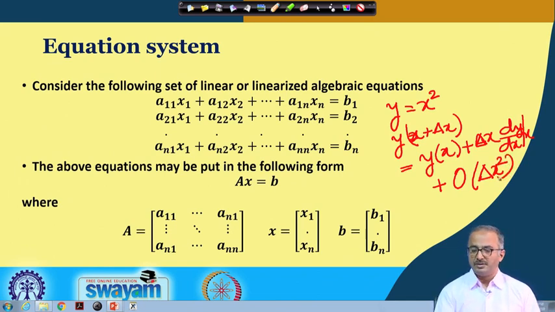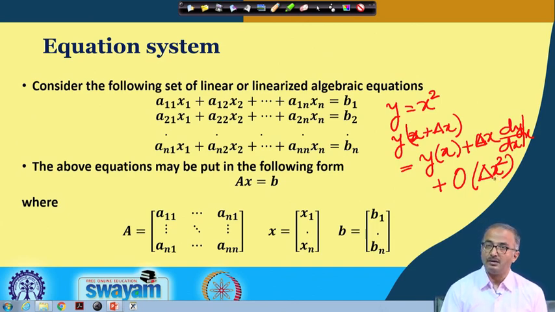Now when we neglect these terms, dy by dx will give you 2x. That is how we are able to linearize the given set of equations.